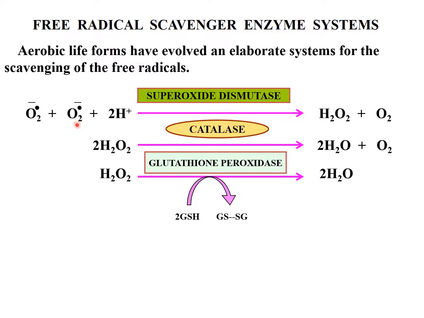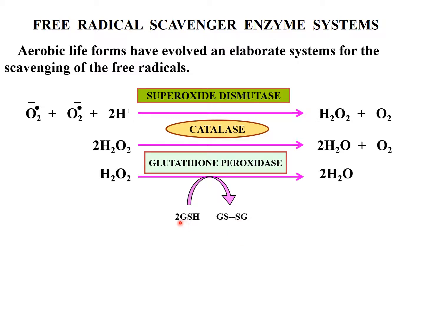There is another way in which hydrogen peroxide is dealt with, that is by the enzyme glutathione peroxidase. Glutathione is a molecule which is present as a co-substrate or a coenzyme for this enzyme, glutathione peroxidase.